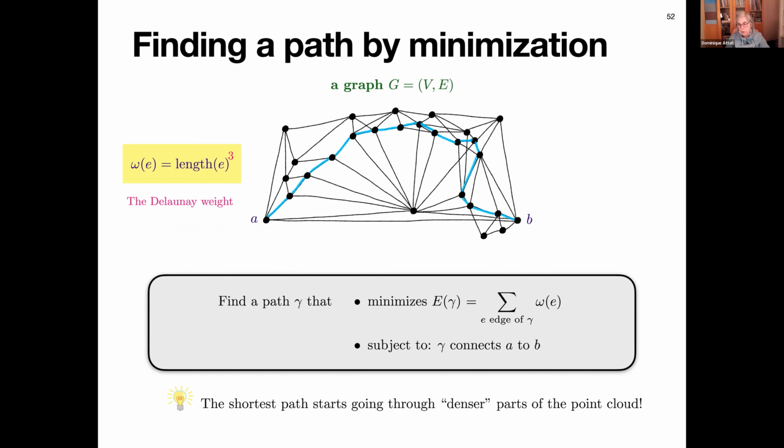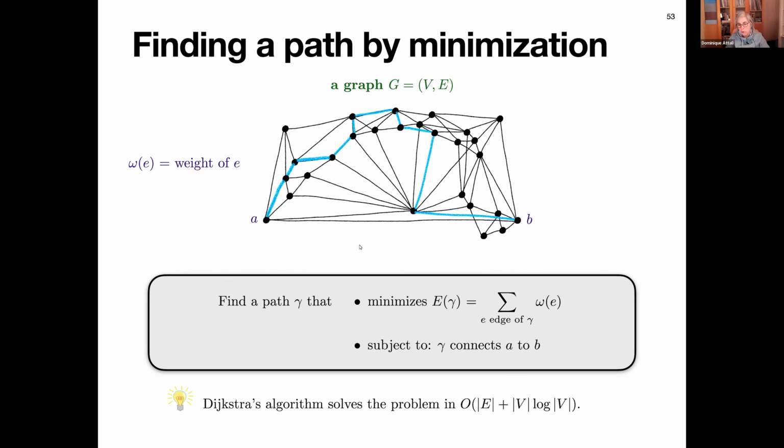Okay, so to compute this shortest path, we know that we can apply the Dijkstra algorithm and that it will solve this efficiently. But the problem is that we have in mind the fact that we want to extend this to d-dimensional manifolds, and this approach does not extend well.